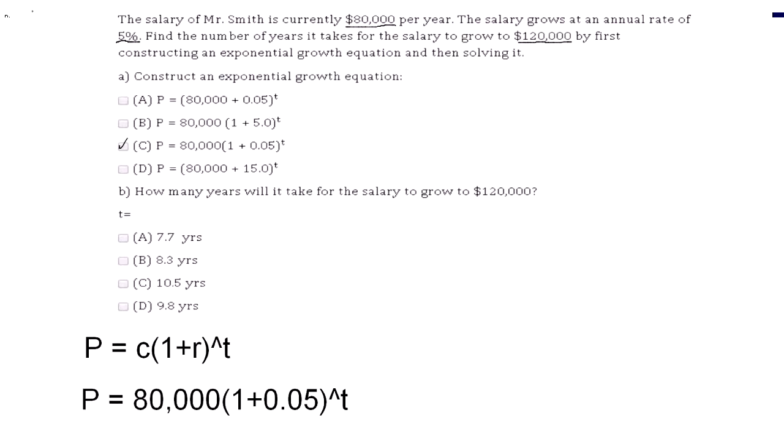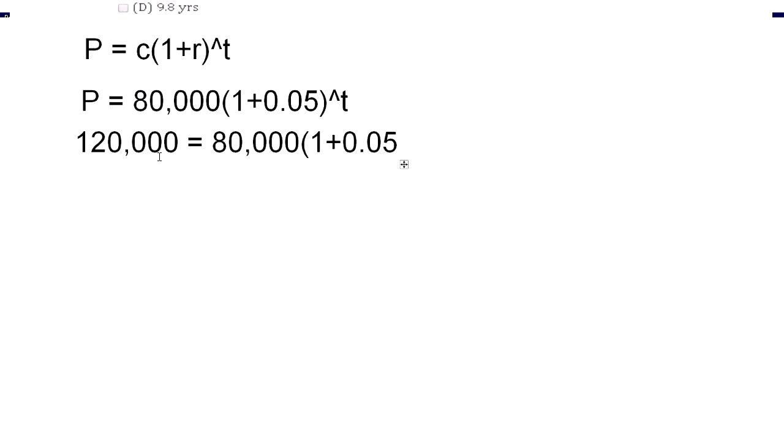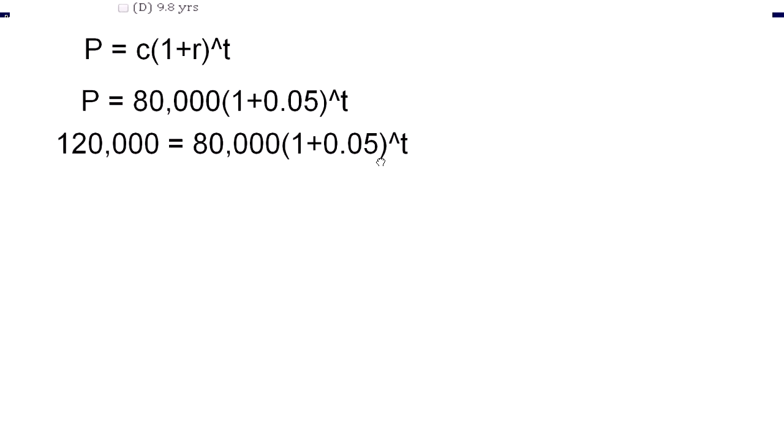So you want to put 120,000 in. 120,000 equals 1 plus 0.05 to the power of t, and t will always be unknown. Usually when I deal with math I don't care about the commas, but for the sake of this I'll put the commas in.